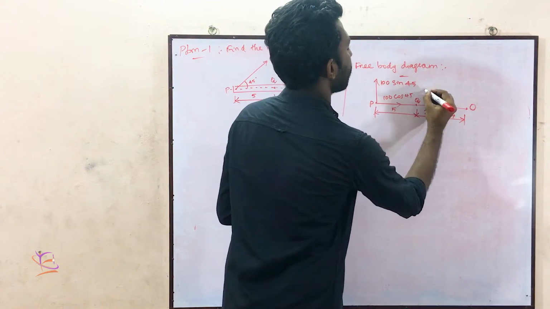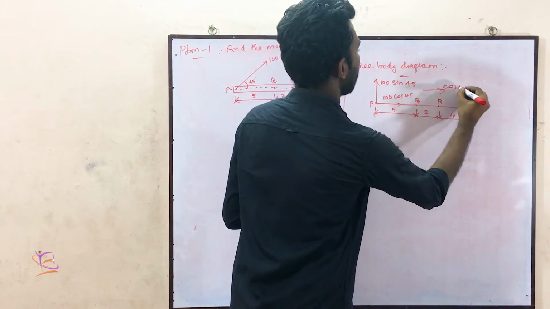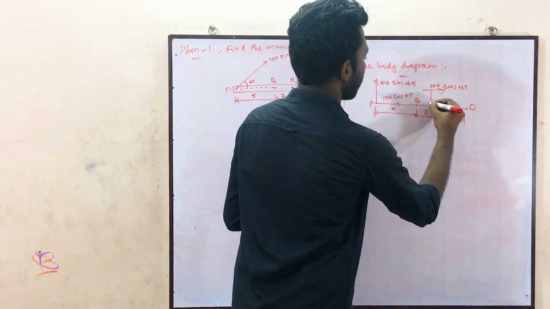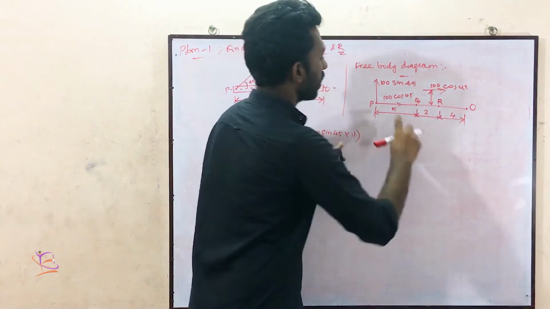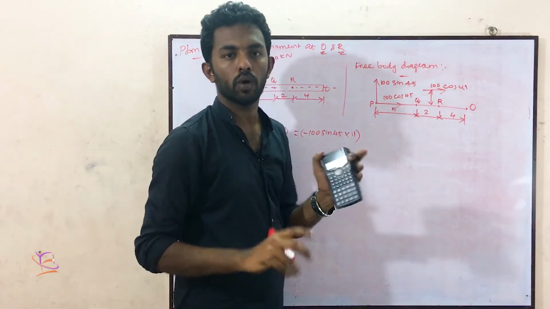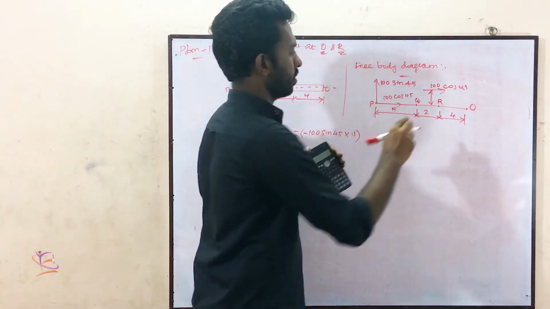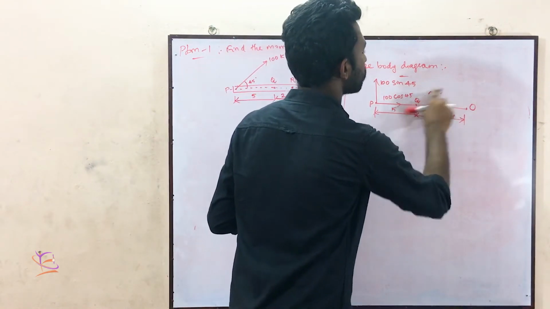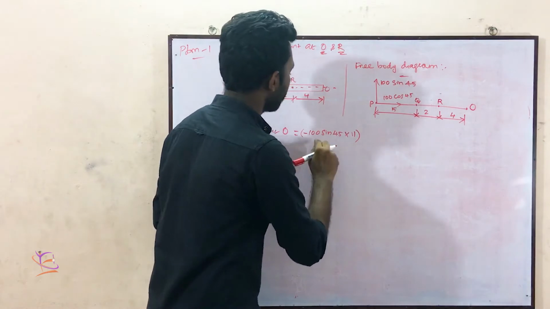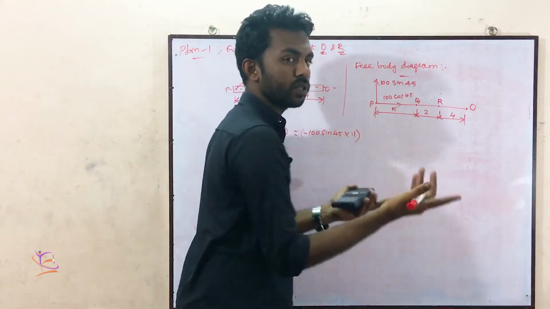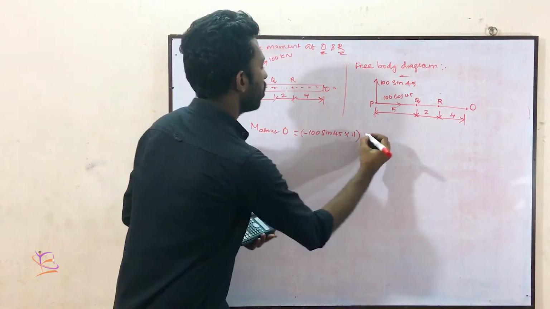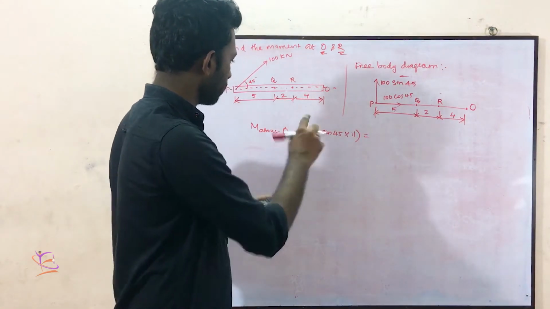You can simply leave that, or say 100 cos 45 into 0. No need to do all those things.